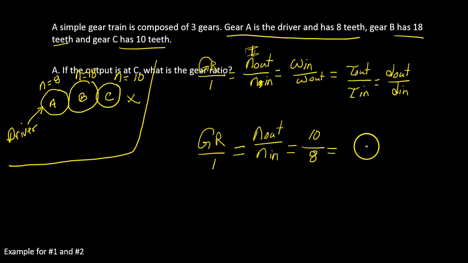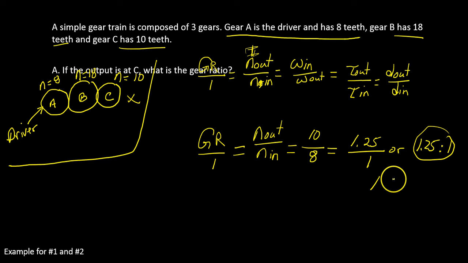When you do this math, I think this comes up to 1.25 over 1, or 1.25 to 1. This is how Project Lead The Way likes for us to do it. Now, if you actually were to show it as 1.25, that would be okay. I would accept that as well.